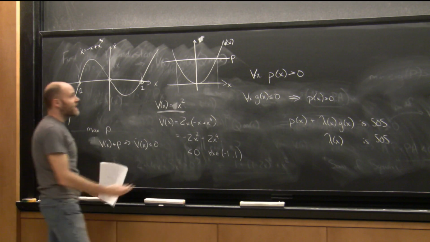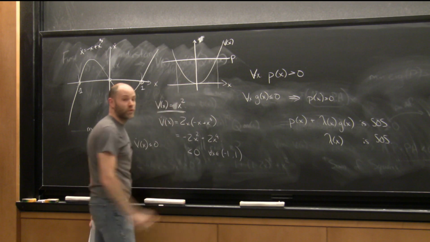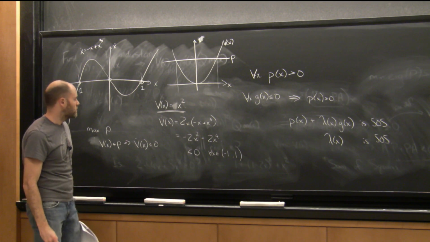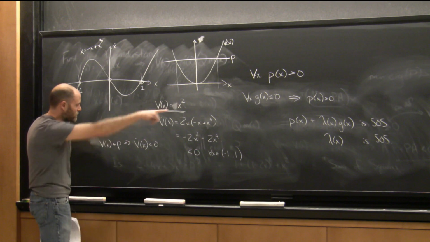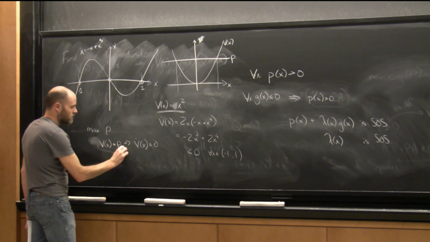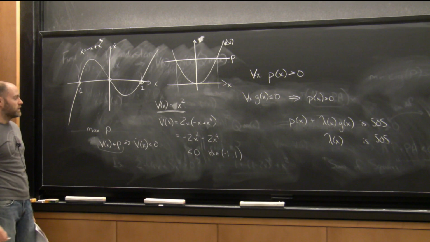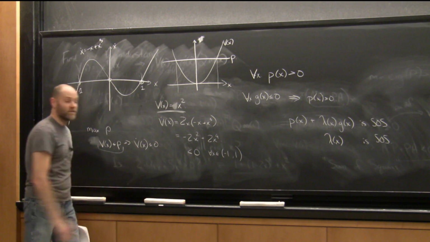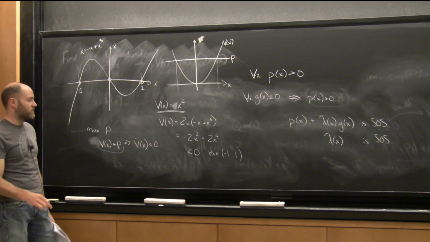I'd like to say inside that region, v dot is going down. V dot is less than 0. So I can do that with my Lagrange multiplier trick, saying whenever v of x is less than or equal to rho, certify that v dot of x is less than 0.